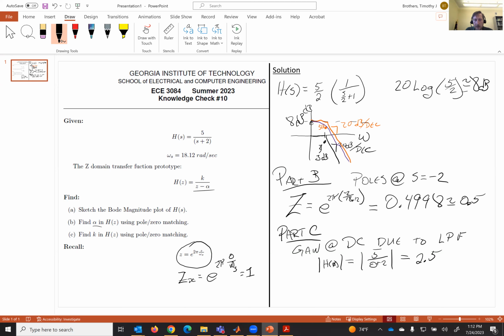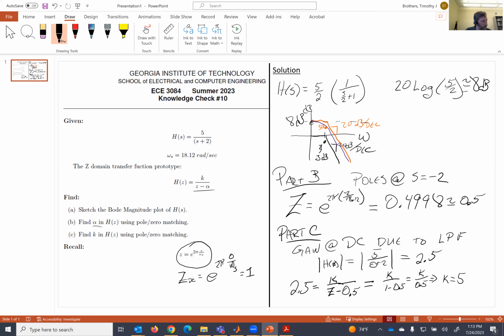And so what we want to do now is say that we want 2.5 is going to be equal to K divided by Z minus the alpha value that we found in this last part, which is 0.5. And we know that for this one, we're going to say Z is equal to 1. And so this is going to be equal to K divided by 1 minus 0.5, which is going to be equal to K divided by 0.5. Therefore, K is equal to 5.